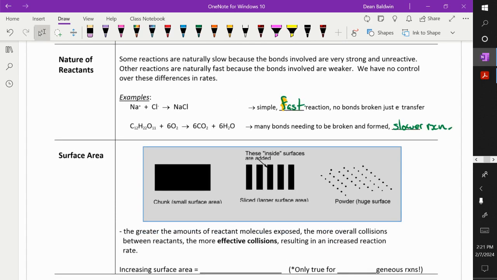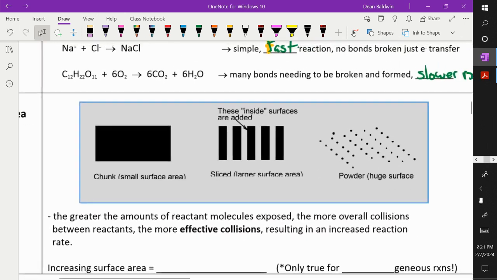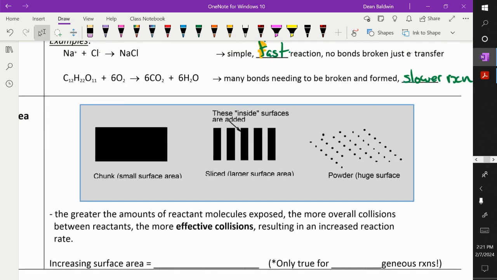And then there is surface area, which only applies to solids, right? So if you have, I think I talked about this briefly, a chunk of metal or something, only the stuff on the outside is able to react. Whereas if you divide it up a little more, then these atoms here on the inside come into play.